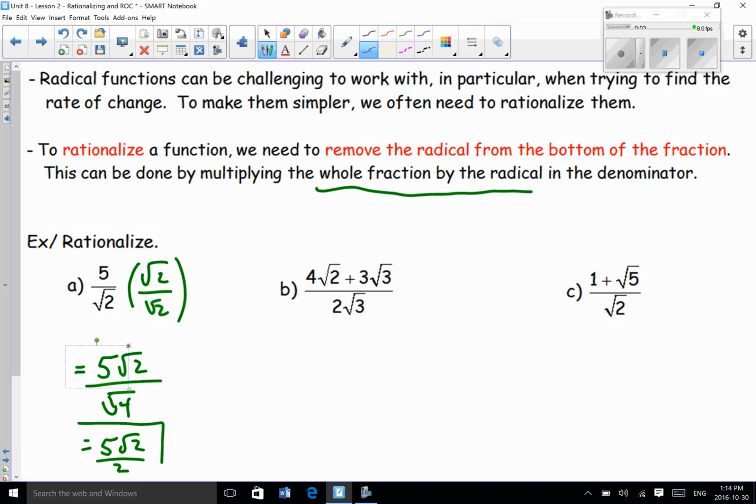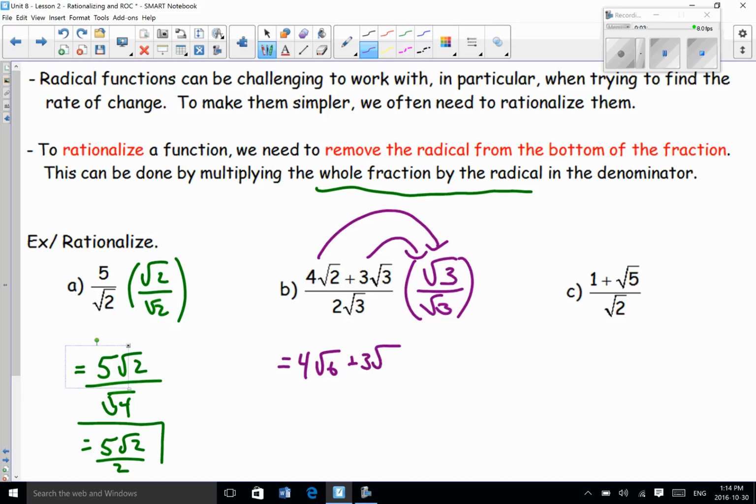Yeah, we do the same thing in B. Our objective here is we want to get rid of the root 3 from the bottom. The 2 is okay, it's just the root 3 that's the problem. So multiply the whole thing by root 3. If we do that, we're going to have to multiply this by root 3, which equals 4 root 6, and this by root 3, which is 3 root 9, all over 2 root 9.